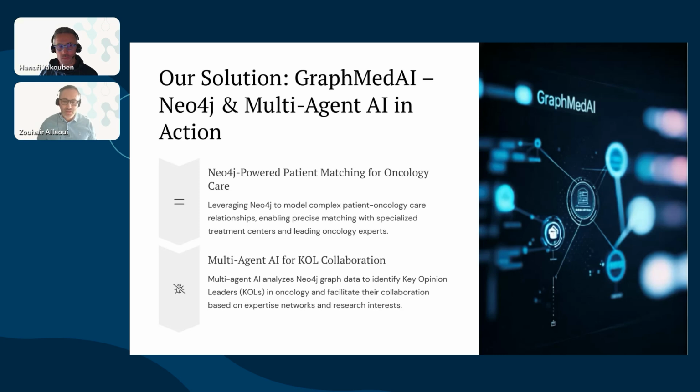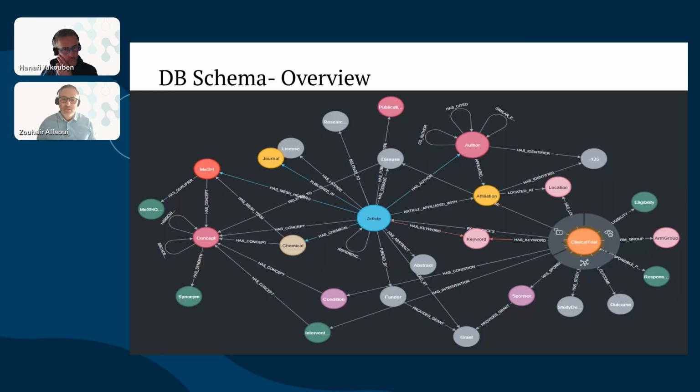So this is an example of our database schema where we have some nodes that are interconnected.